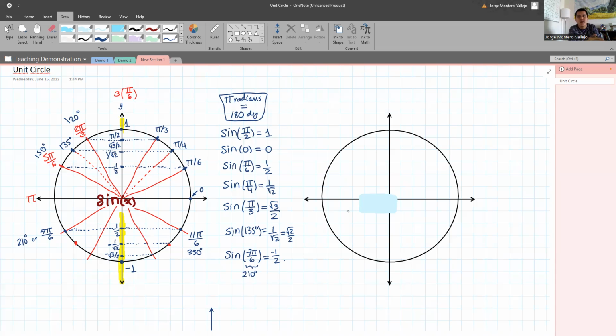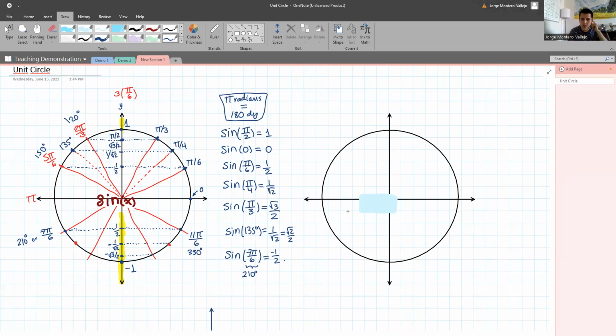You just need to relate it and figure out which one that is. Because once you know what it is, then it's going to be either the sine of that main angle between 0 and 90 or the negative version. Okay, so that I guess covers the entire unit circle, right?